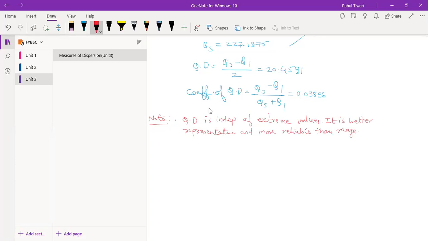Second one, as you already know, the QD, the quartile deviation, shows the distribution of the middle half of the observations around the median.